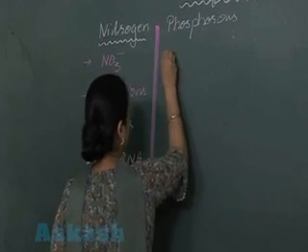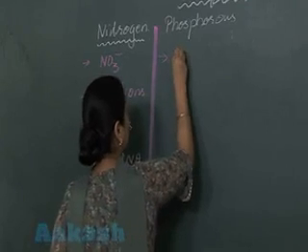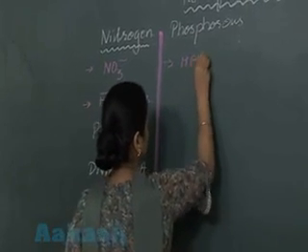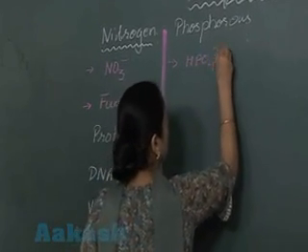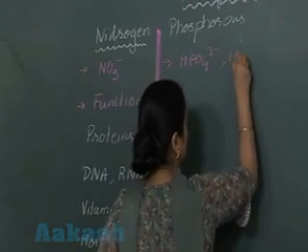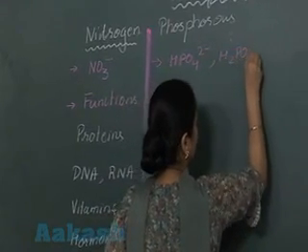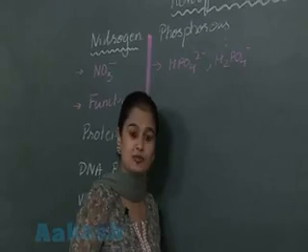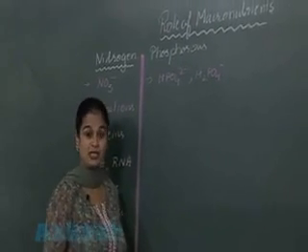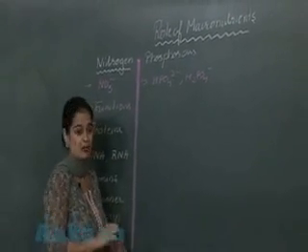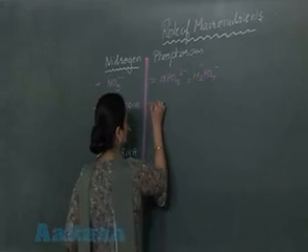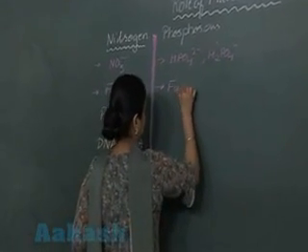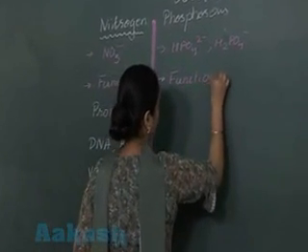It is absorbed by the plants in the form of divalent as well as monovalent ions. Now let's see what the important functions associated with this critical element are.